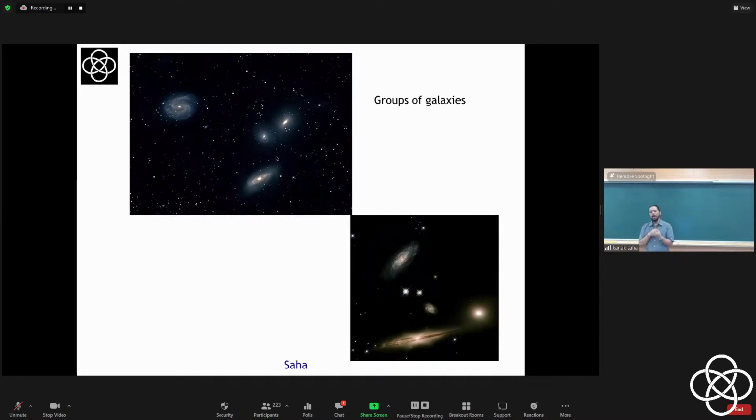And if it is a group environment where there are only a few galaxies, then there is something called the relaxation time, which is shorter and which lets galaxies almost hustle and bustle together. So they interact more efficiently than in a cluster, or than in isolation.